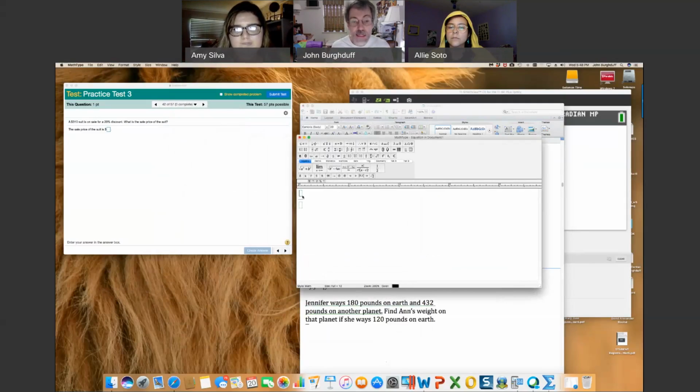She weighs 180 pounds on Earth, while she weighs 432 pounds on the other planet. That fraction has to be proportional to Anne's fraction. So if you put weight on Earth over weight on the other planet, it should match weight on the Earth versus weight on the other planet.